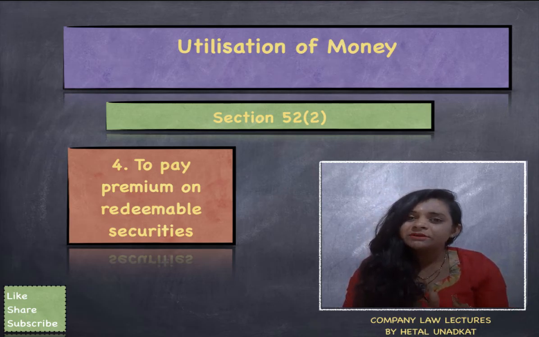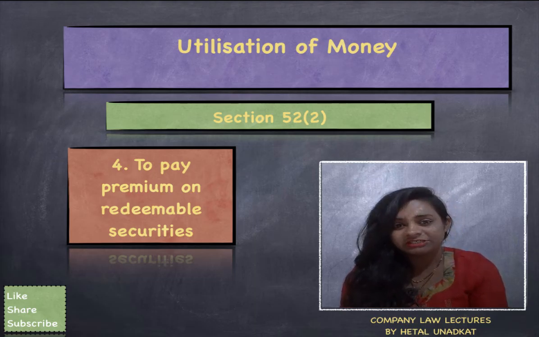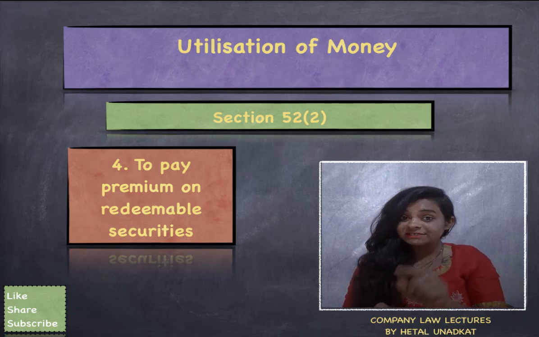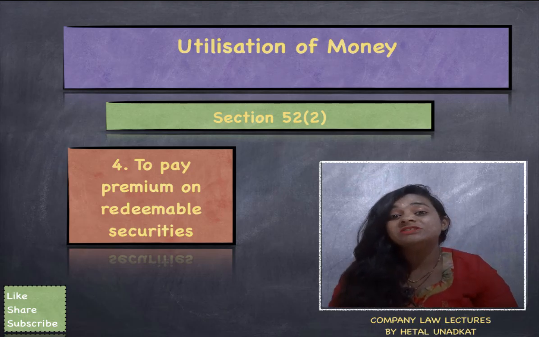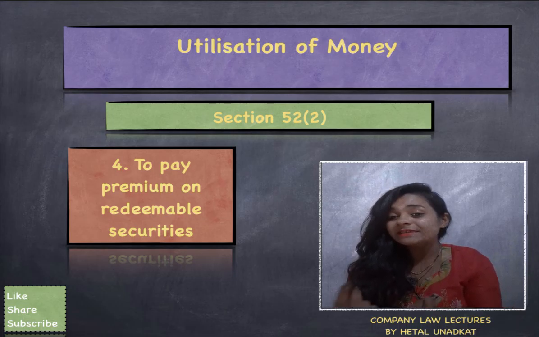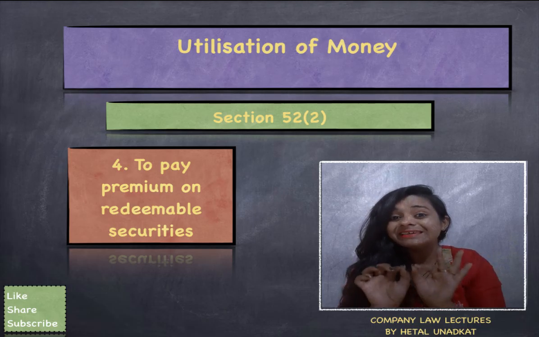Whenever this time comes, we redeem our shares at a premium. Premium means we are giving back extra money. We can issue shares at a premium and we can redeem shares at a premium. At the time of issue we are receiving extra, but at the time of redeeming we are giving extra.